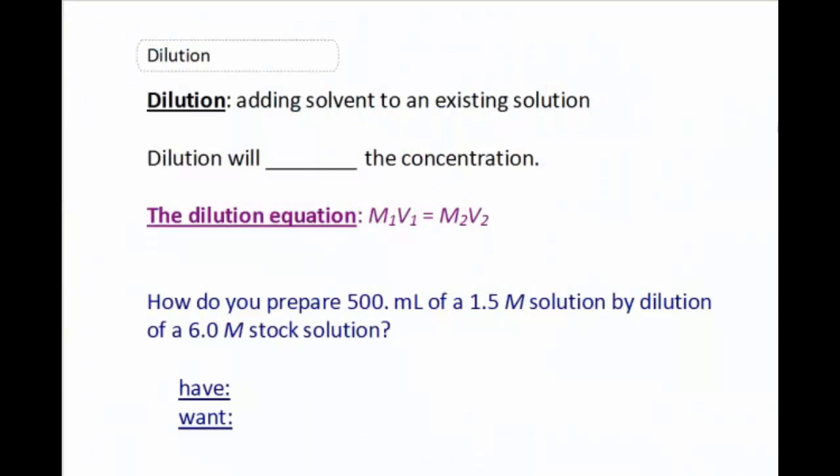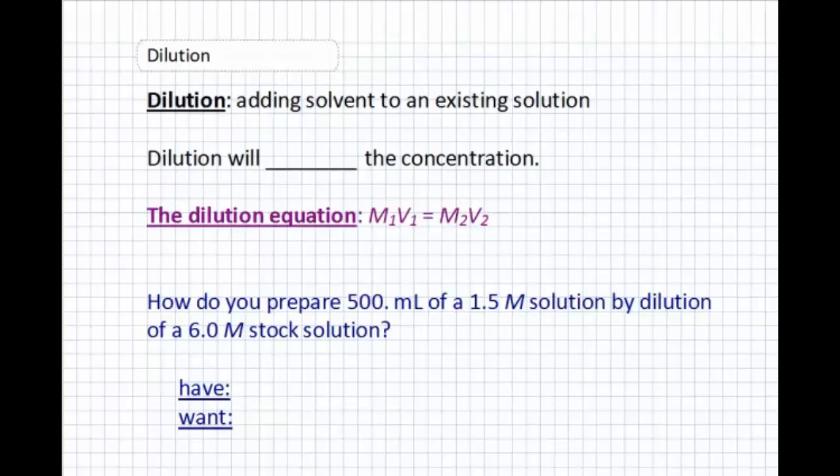The other way of preparing a solution is by dilution, which is just adding solvent to an existing solution. Anytime you add solvent to a solution, dilution will decrease the concentration because we have the same amount of solute dissolved, but now it's spread out through a larger volume.